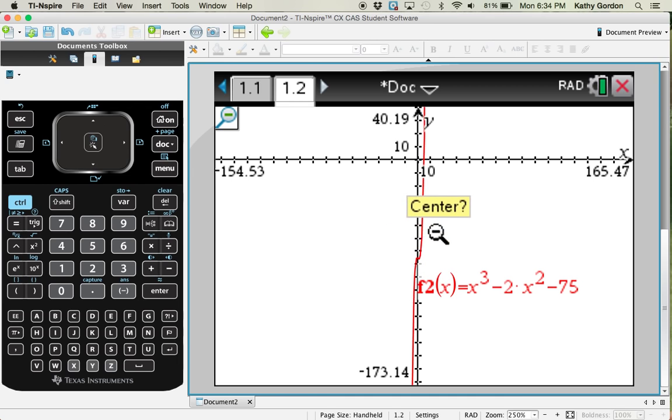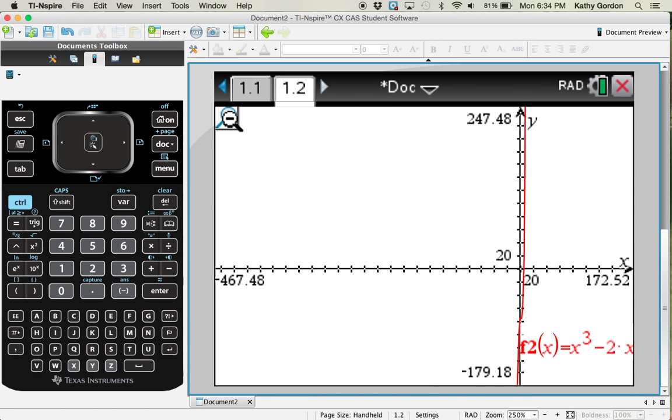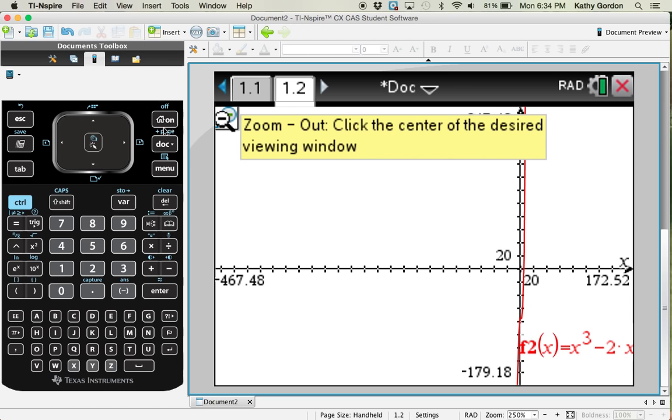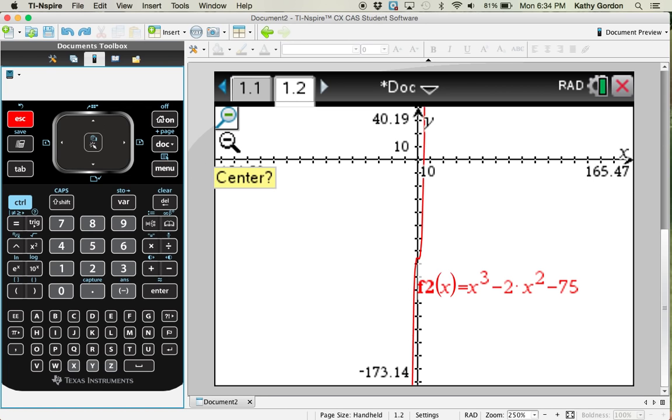There we go. In order to get out of this zooming magnifying glass, we just need to come up here to this little icon on the upper left corner. Click on that. Oh, my bad. Control, escape. We'll go back a step. There we go.